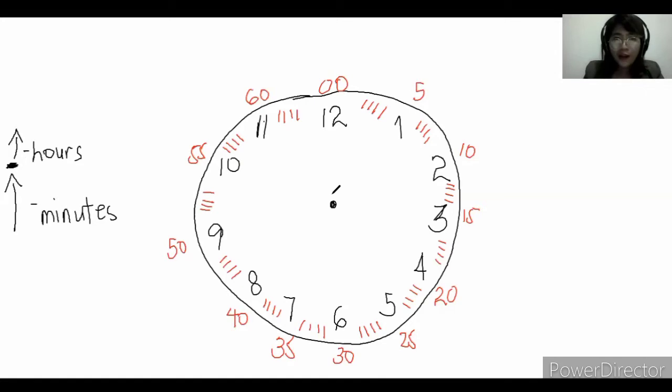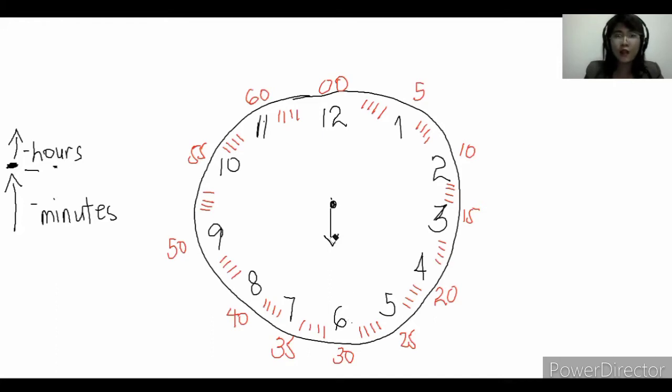Example, when the short hand points to number 12, you will say 12. When the short hand points to number 6, you will say 6.